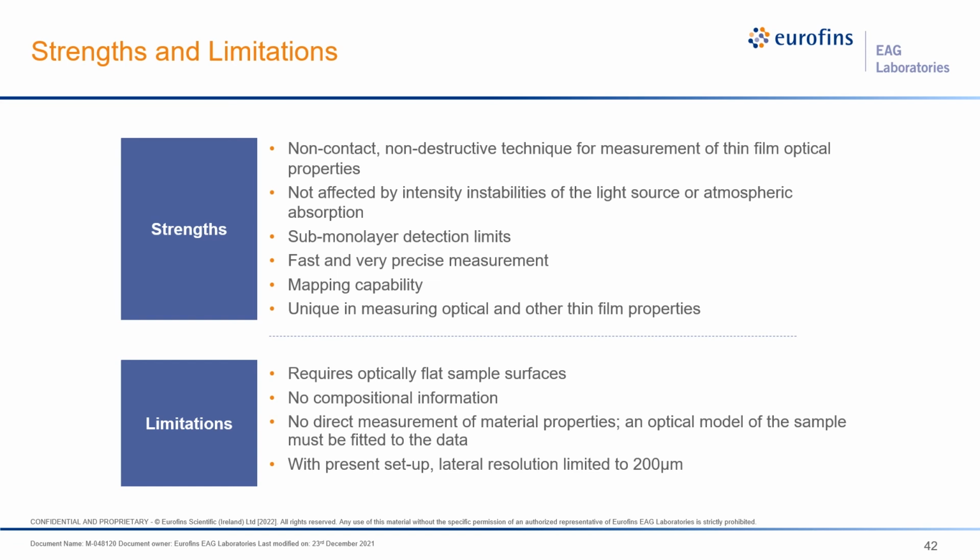In some cases, this can lead to systematic errors, and again, other surface analytical techniques are required to check the accuracy of the result. As a final limitation, I would like to mention that with the present instrument, our lateral resolution is limited to 100 to 200 micrometers, although focusing optics with small spot sizes of several tens of micrometers are available in the market.